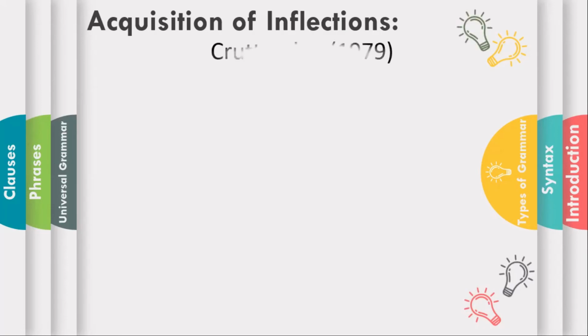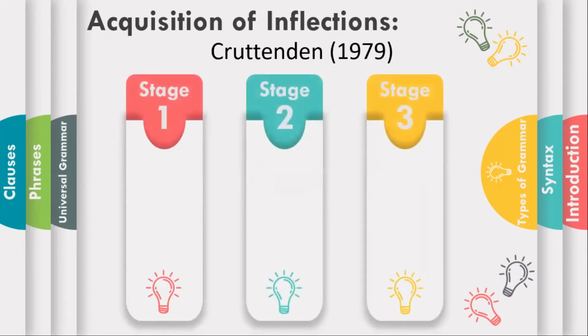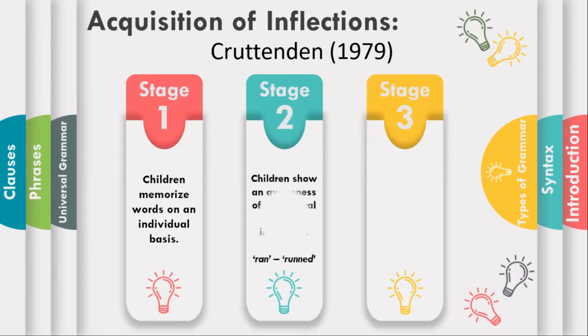While Cruttenden in 1979 divided the acquisition of inflections into the following 3 stages. In the first stage, children memorize words on an individual basis. In the second stage, they show an awareness of the general rules of inflections.